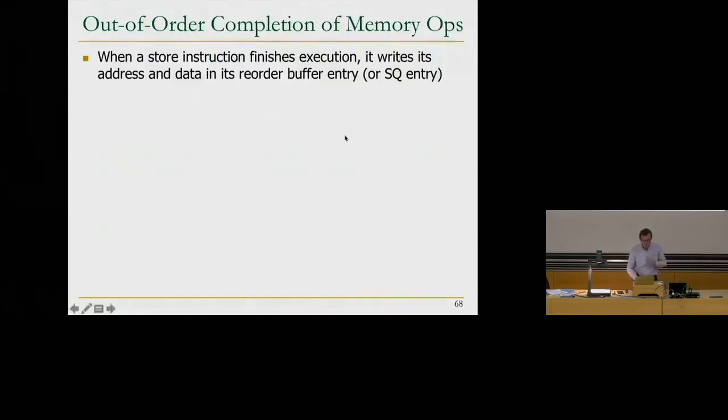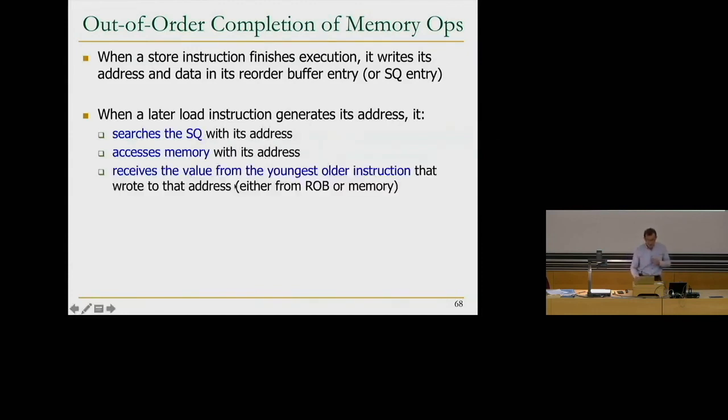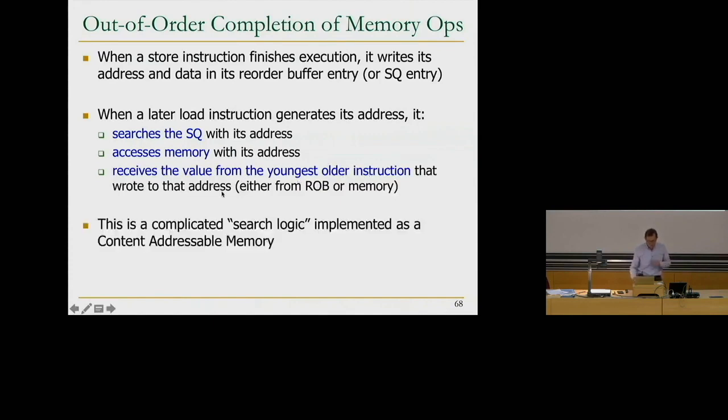So when a store instruction finishes execution, it writes its address and data in its reorder buffer entry or the store queue entry. When a later load instruction generates its address, it searches the store queue with its address. We're going to look at how bad that search is. It accesses memory with its address, and it receives the value from the youngest older instruction that wrote to that address, hopefully.